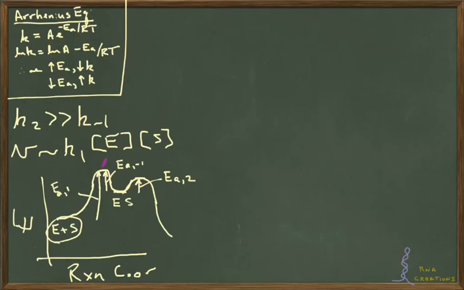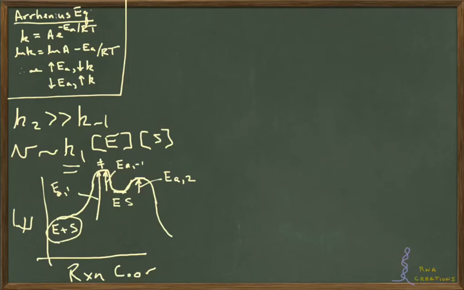Once they get in here, they're going to tend to go forward rather than going back, because going back is much harder. So for this diagram, that's the effective transition state, and you can see that that's for k1, and that makes sense in terms of what we expected under this limit.